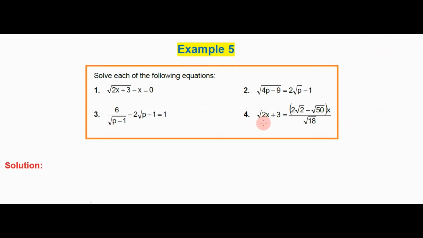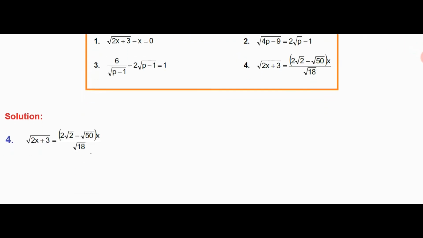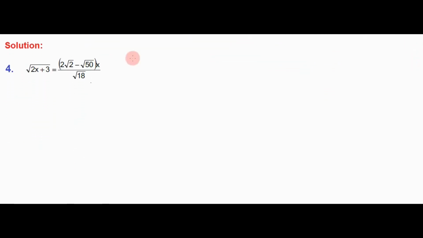Let's solve the last equation here. We're first going to simplify the term on the right-hand side by using the laws of surds. So we have the square root of 2x plus 3 equals, then we have 2 square root 2 minus square root 50 over the square root of 18, times x.